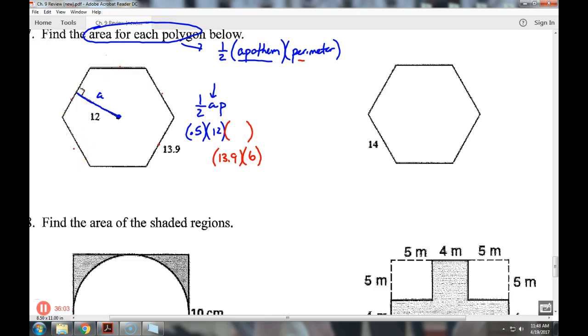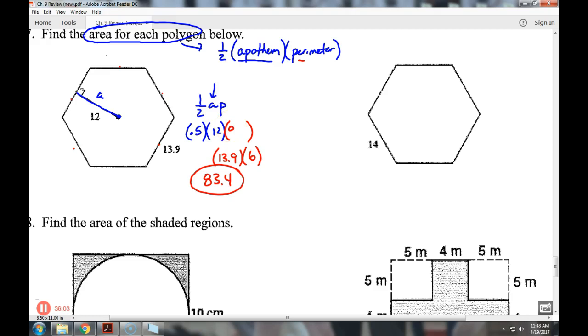So I crank that out, 13.9 times 6, and I get 83.4. So that's an easy one where I give you both the apothem and a side length, and that one's not too bad.